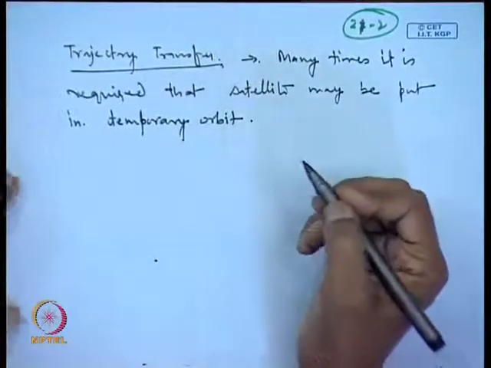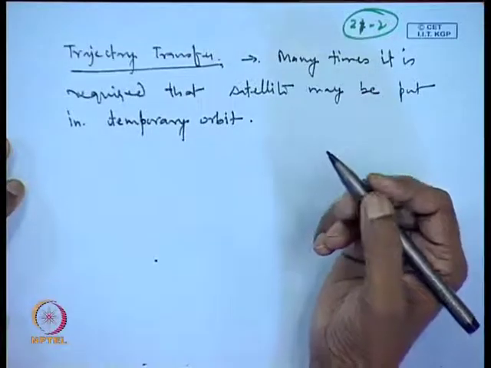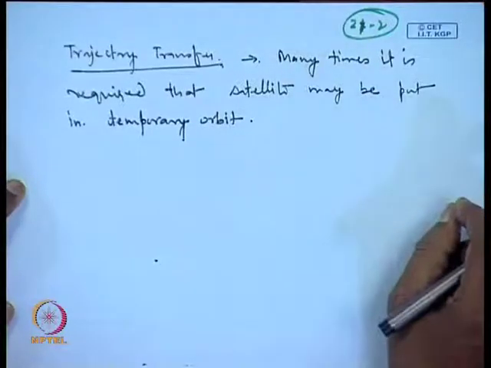And this may be quite necessary from the point of view that while you are launching the satellite, at the time of ejection from the rocket, while you are injecting it in the orbit, at that time it goes under severe conditions. So, after the injection, you have the time to check its various components, how the system is performing, and thereafter you really put it in the desired orbit.